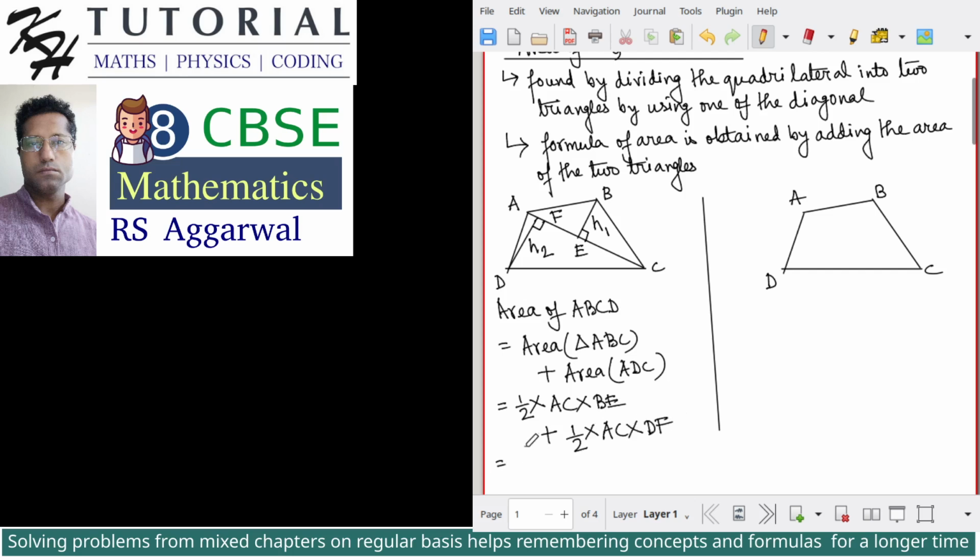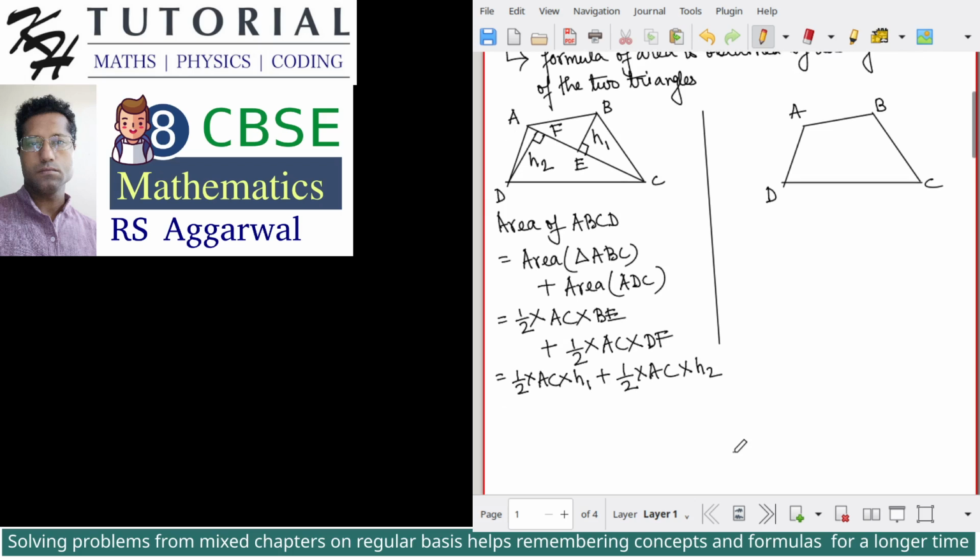This is equal to half multiplied by AC multiplied by h1, plus half multiplied by AC multiplied by h2. After simplification, this becomes half multiplied by AC multiplied by (h1 plus h2).